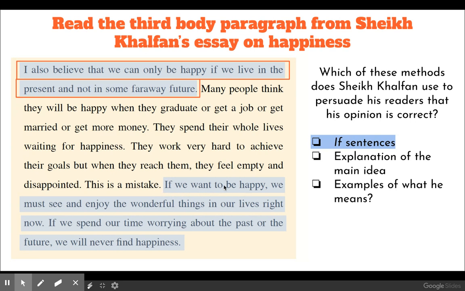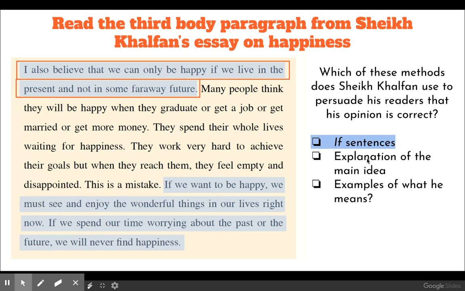So if we want to be happy, we must see and enjoy the wonderful things in our lives right now. So for this to happen, this needs to happen. So again, we're going to talk about that more next week. But he uses these if sentences to help us understand his opinion, right?